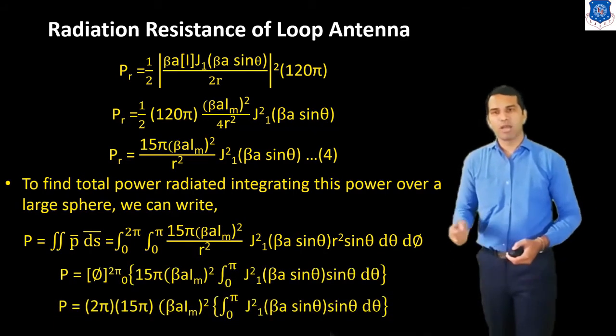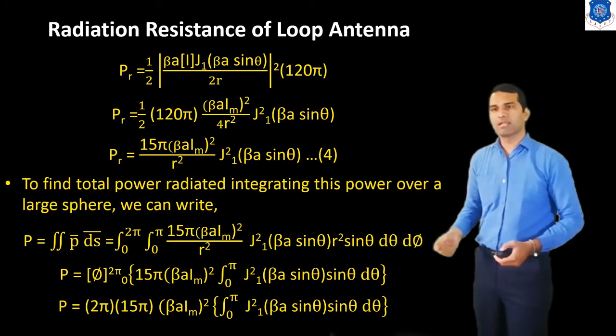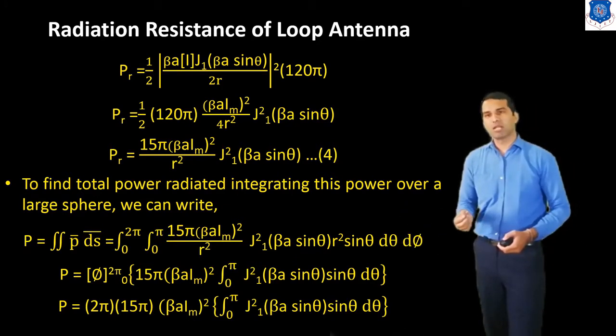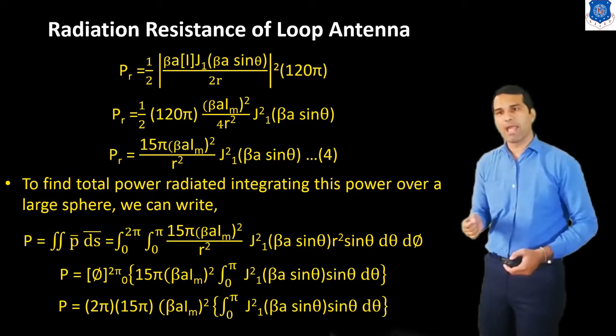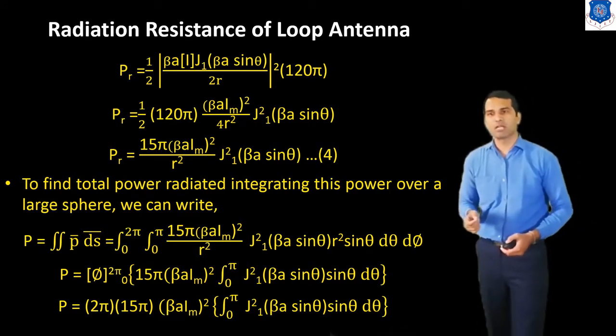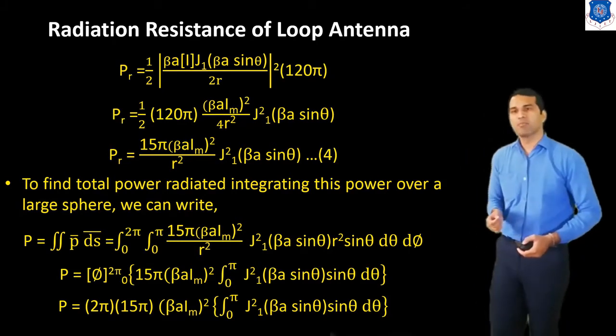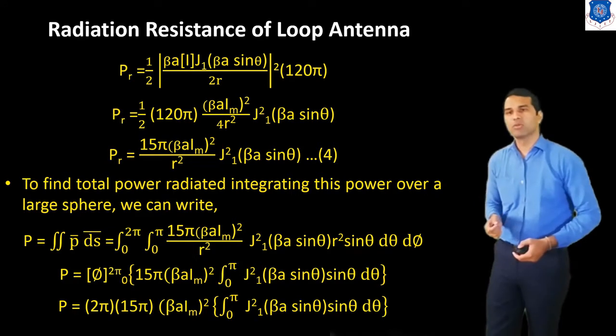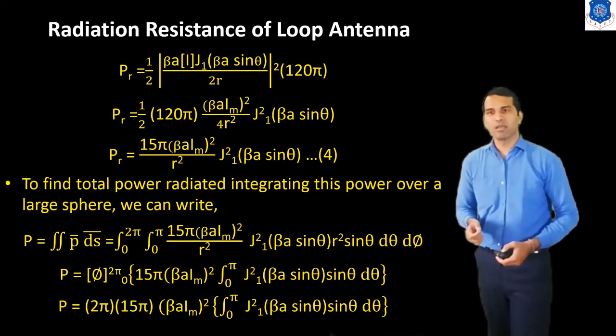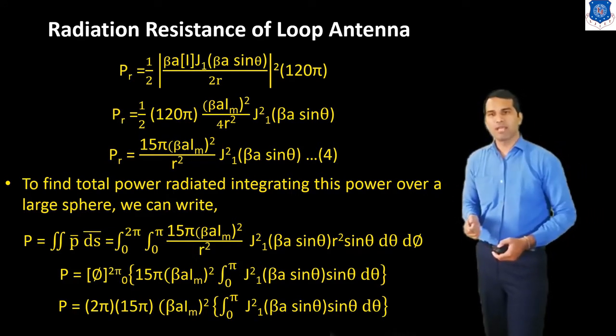So first we integrate the d phi term. d phi is nothing but phi with integration limits 0 to 2 pi. And we have taken the constant 15 pi beta A Im square outside, and the integration of 0 to pi J1 square beta A sin theta into d theta.